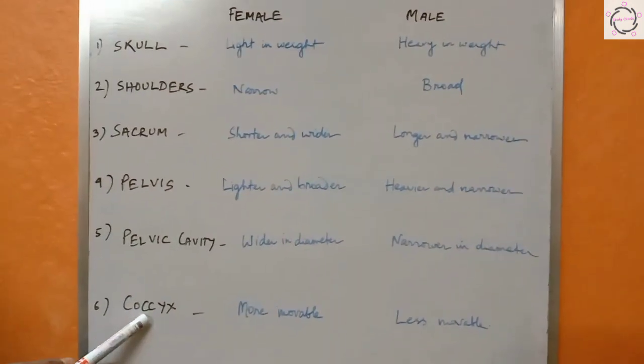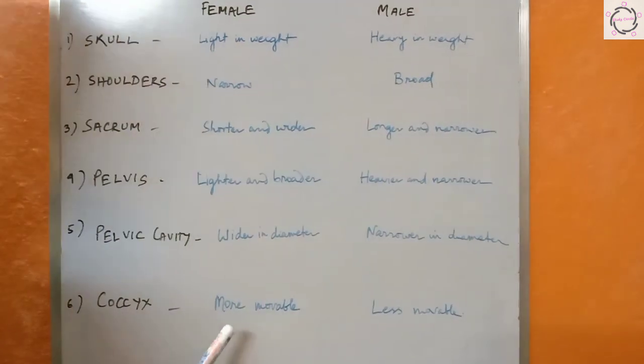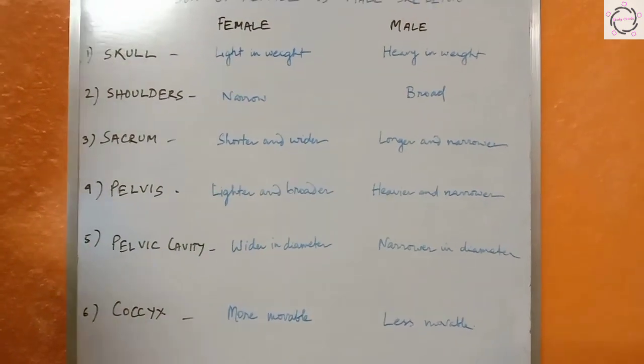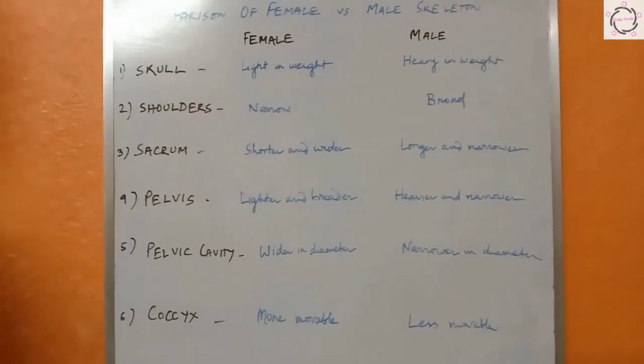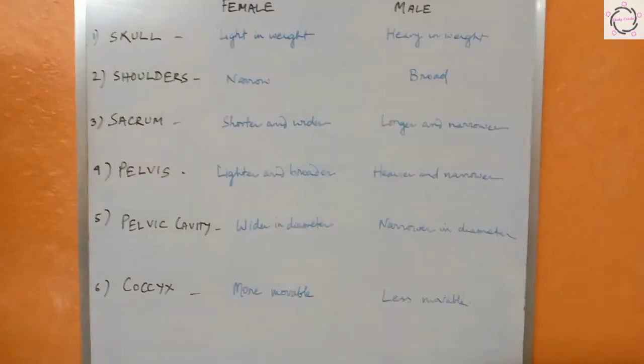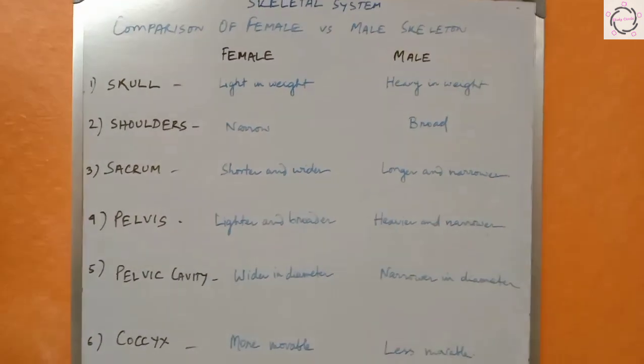Coccyx, the tail region at the last end of the vertebral column, is more movable in female and less movable in male. You need to remember these criteria, as they are asked in various competitive exams.